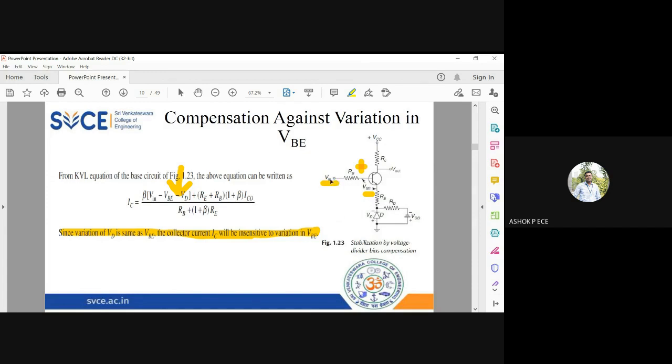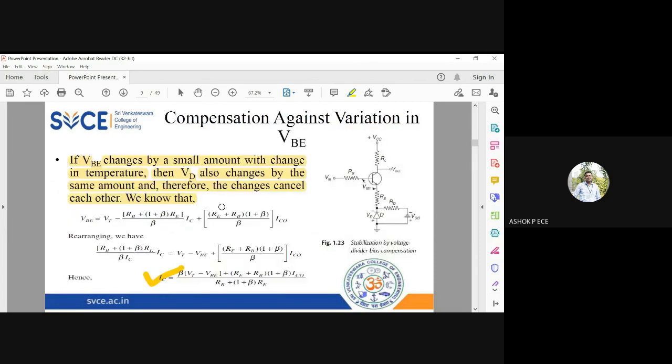When you apply KVL, you can see that. When you apply, see Vin is plus minus, VBE is plus minus, and this VD is minus plus. So I can write Vin minus VBE plus VD equal to 0, or Vin equal to VBE minus VD. So if VBE is going to increase, VD will also increase, but when you subtract, the effective result becomes 0. Okay, that is what is shown in the equation.